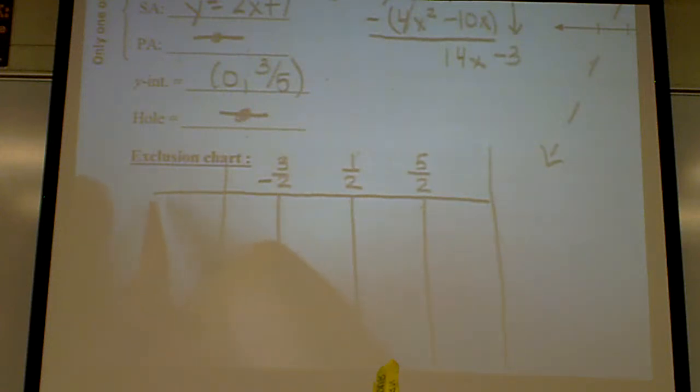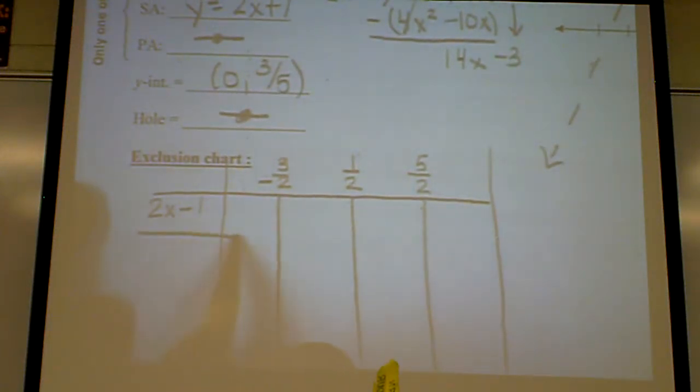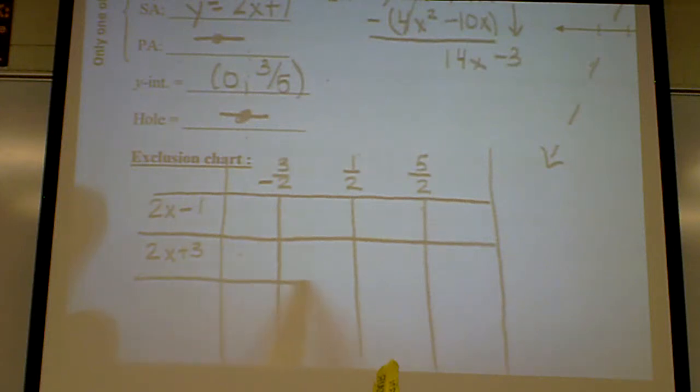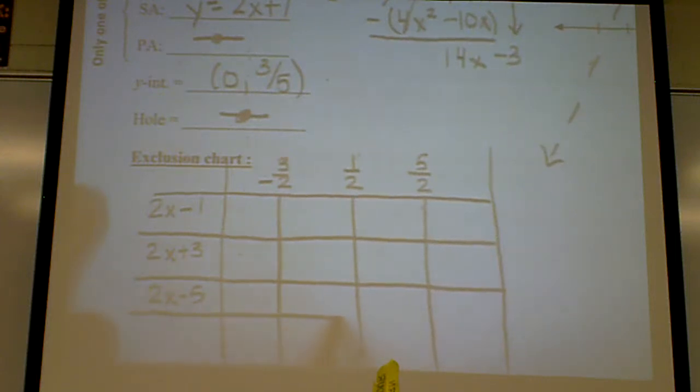My factors are 2x minus 1, 2x plus 3, 2x minus 5, and we write f of x on the bottom.